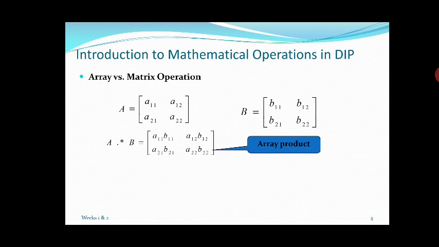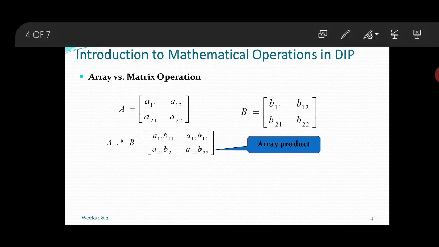Usually for matrix multiplication, A11 into B11 plus A12 into B21 gives you the first component. But in digital image processing, we multiply A11 with B11, and that will be the first component. The next one is A12 multiplied with B12.